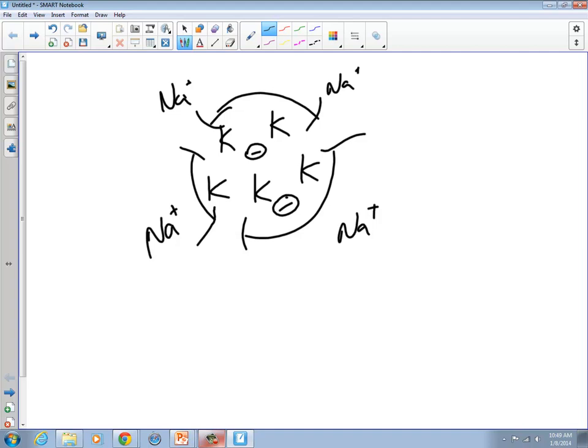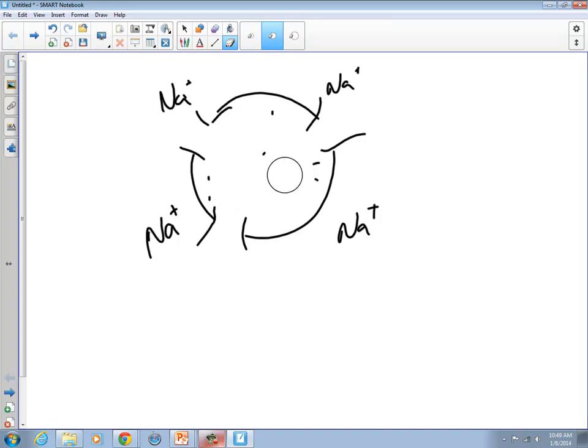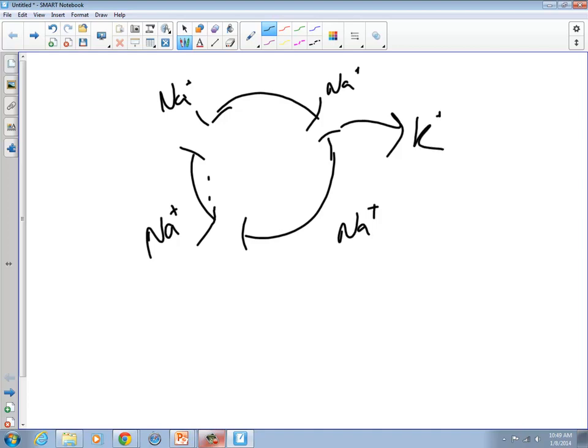So the sodium potassium pump has to activate, which is an active transport, right? Which means it requires energy. So the potassium has to go out, and then the sodium has to go in.